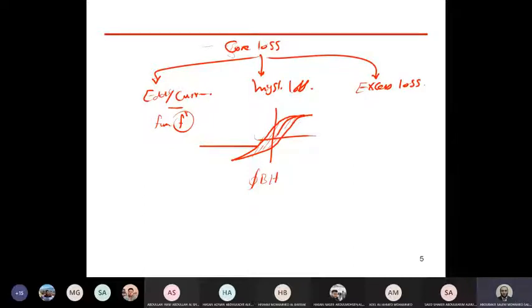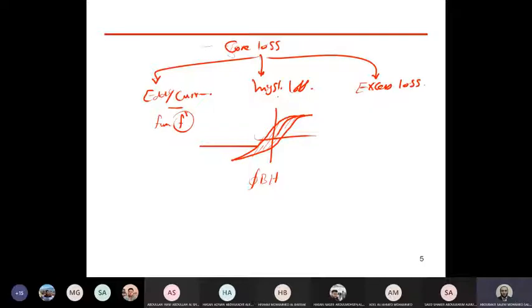Until a few decades ago, core losses were classified only into these types, eddy current and hysteresis. However, after applying variable speed drives to electrical motors, we found that there is another part of losses that can be measured from devices, and it does not appear in the calculations of eddy current and hysteresis.